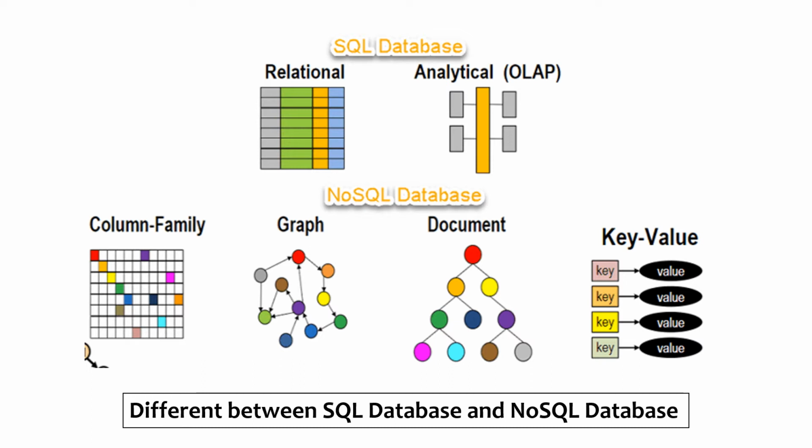So this is the difference between SQL and NoSQL databases. There are 5 different types of NoSQL database, and for SQL databases there are only 2, relational and analytical. We will go through column, graph, document, and key-value along this video later on.